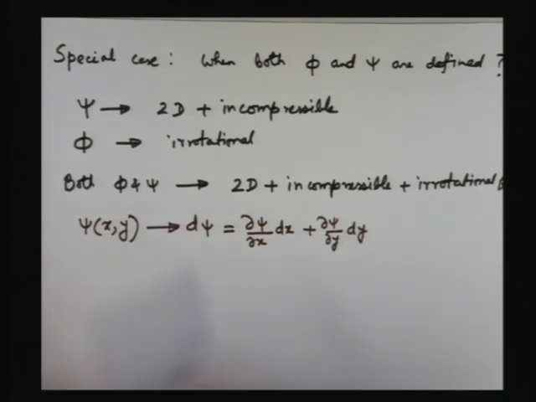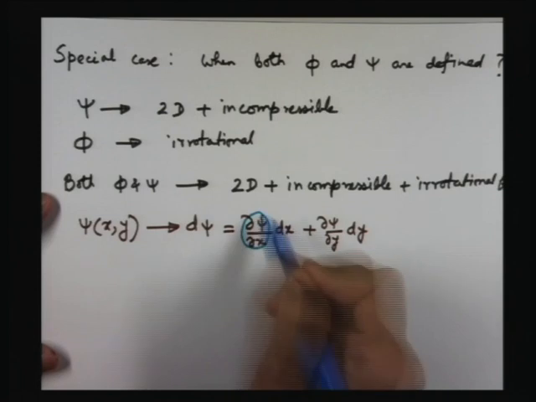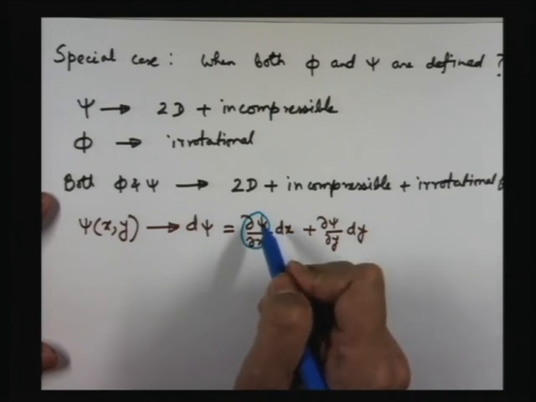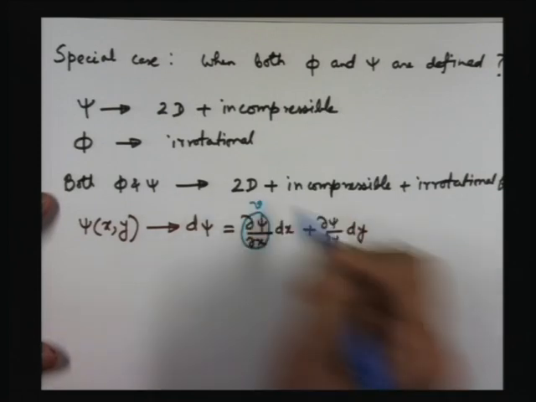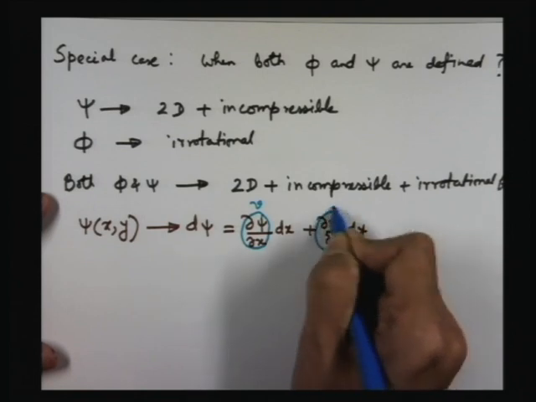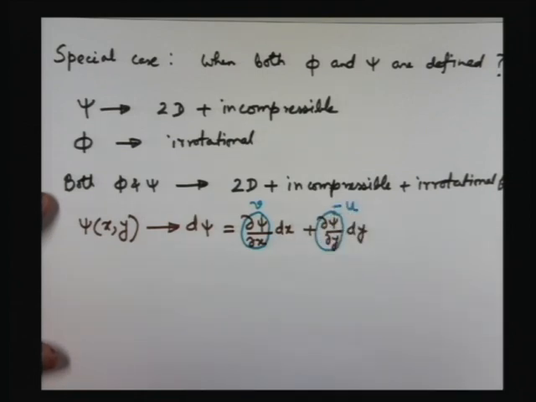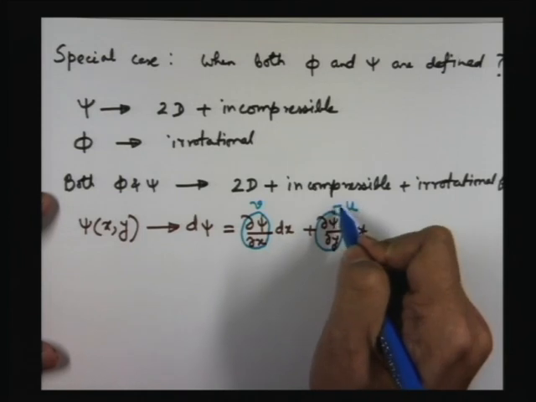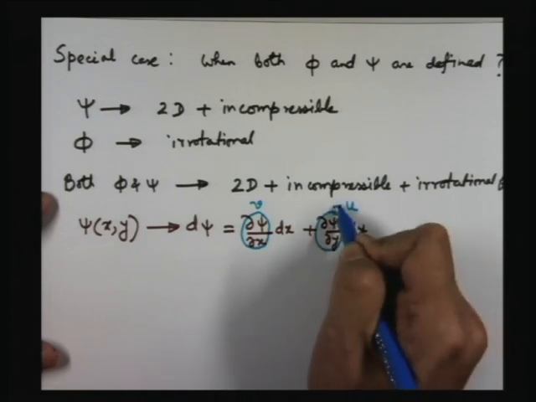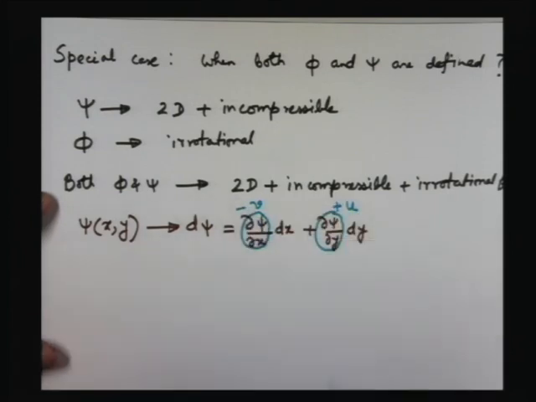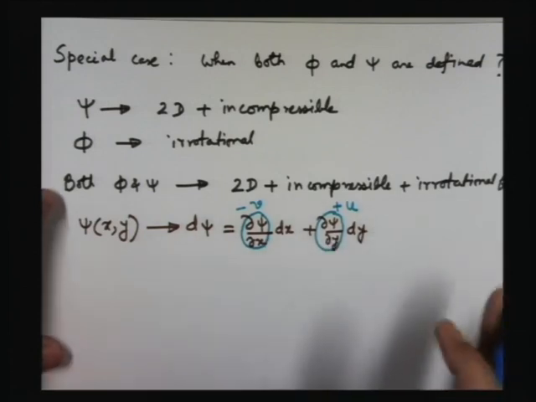Del psi del x is, in terms of uv, what is this? This is v, and del psi del y is minus u, or the other way, u is equal to del psi del y if we write, then v is equal to minus del psi del x. So one has to be minus, the other has to be plus.